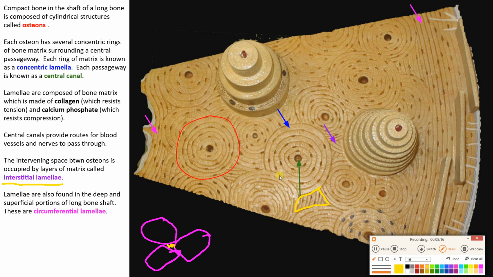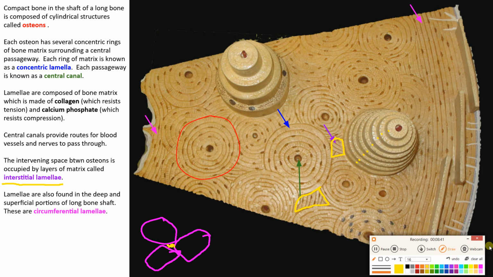So we have concentric lamellae, which are around my central canal. Concentric means same center. Then interstitial lamellae, which are in between my osteons. That's what interstitial basically means.